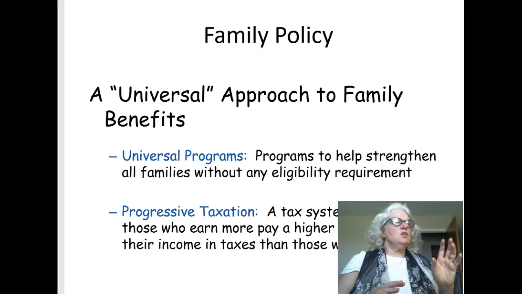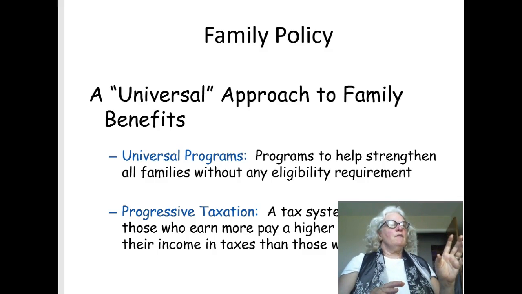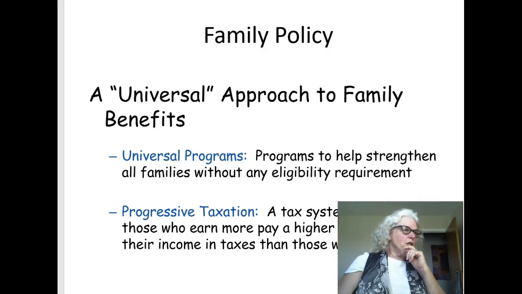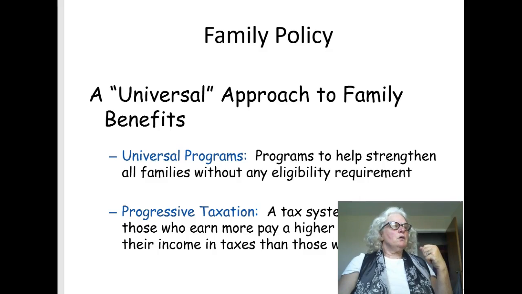And we see changes as well as we have this universal approach to families, as far as progressive taxation. That's a tax system under which those who earn more pay a higher percentage. That's not what occurs in our country. That's pretty significant as we look at that within the process.